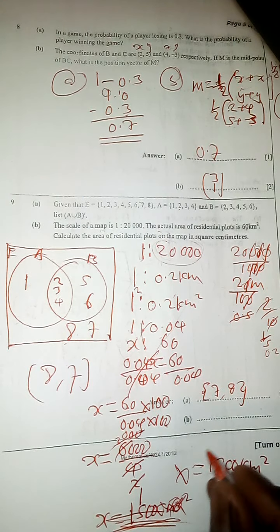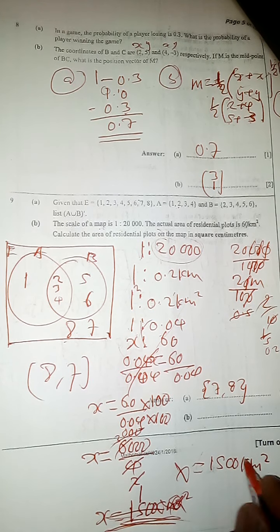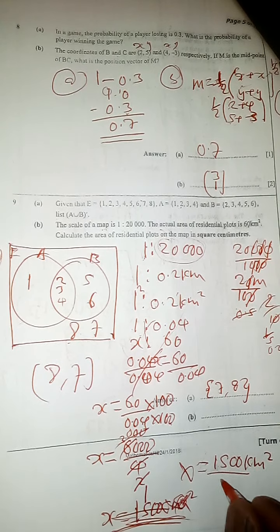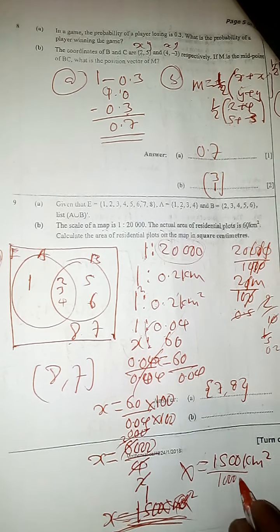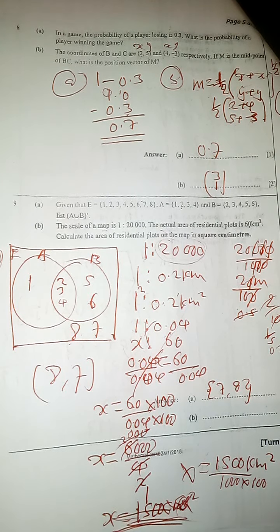So now we need to divide this by 1000 to convert it into meters, and then again over another 100 into centimeters.